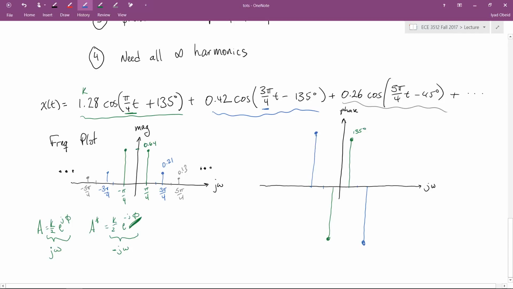Then at 5 pi over 4, I have a phase angle of minus 45 degrees, which means over here I should have positive 45 degrees. And again, those are also going to continue in perpetuity. And that is the frequency plot.